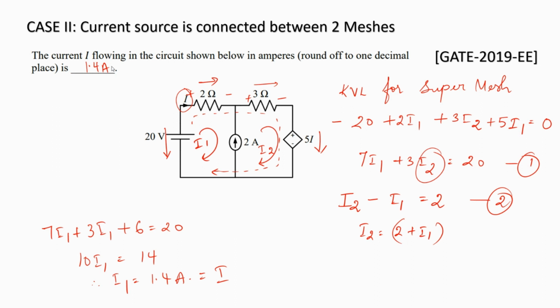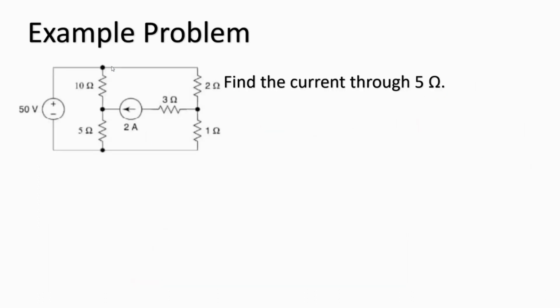So this was a question asked in 2019 GATE in the EE paper. Now, moving on to another problem. Here, in this example, the current source is in series with a 3 ohm resistor, and this branch is common between two meshes.